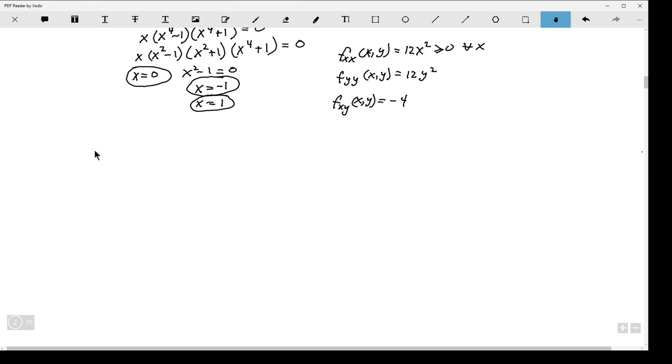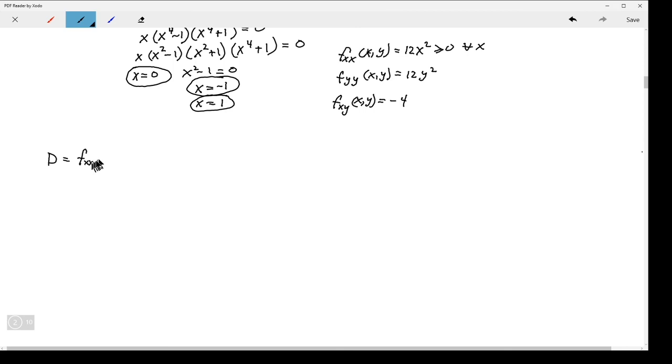All right, so I'm going to come over here. Actually, I'm going to grab my pen first. So we calculate D, which is going to be fxx times fyy minus fxy squared.